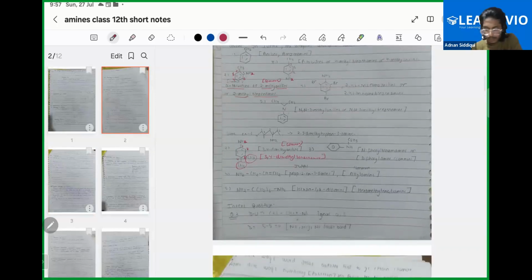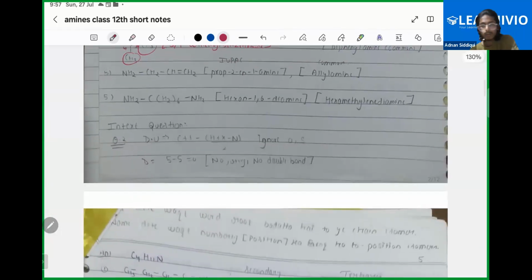Right. So now let us do one question to refresh your concept of how to determine how many isomers we are going to have from a simple chemical formula. I told you something about degree of unsaturation.